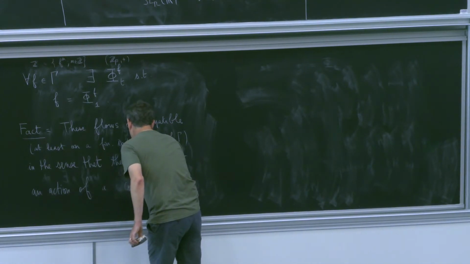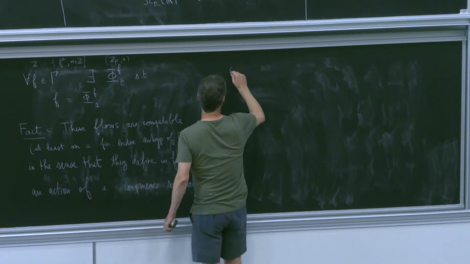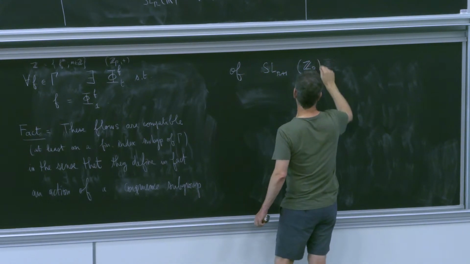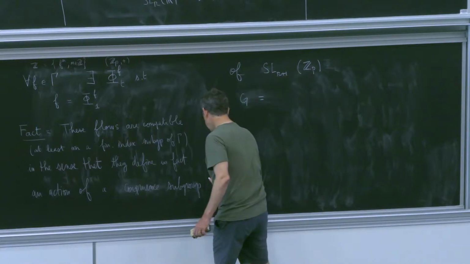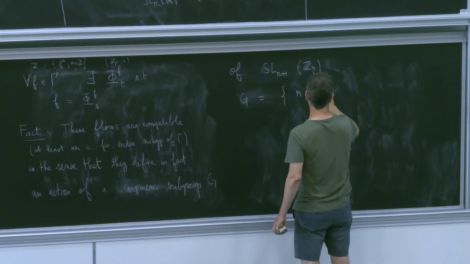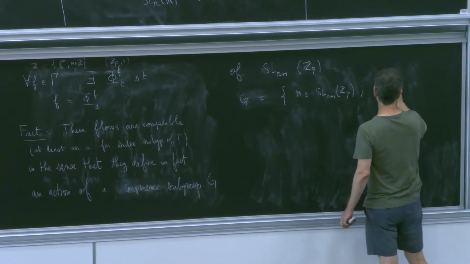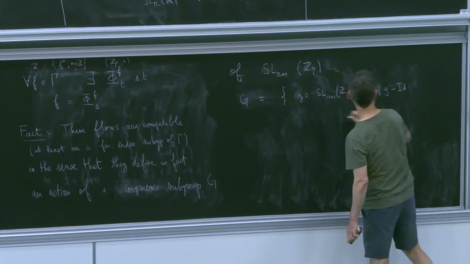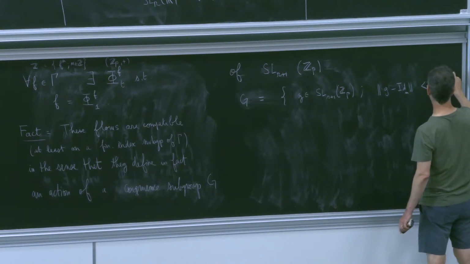It's a congruence subgroup of SL R plus 1 of Zp. That is, I will explain it more precisely. G will be the subgroup of matrices in SL R plus 1 of Zp such that G minus the identity is less than p to the minus N for some large N.